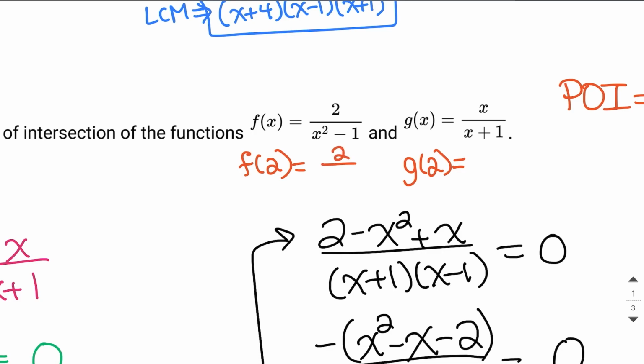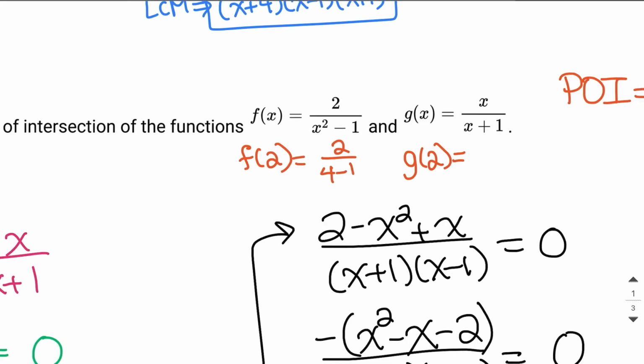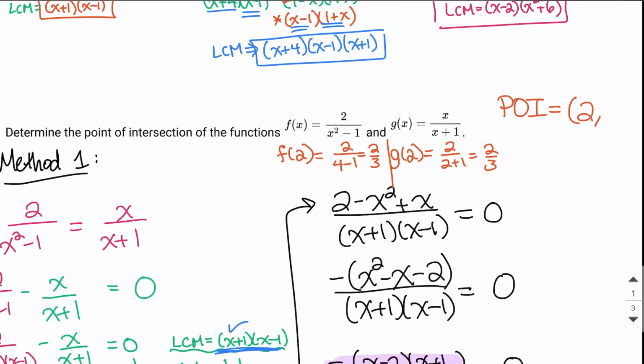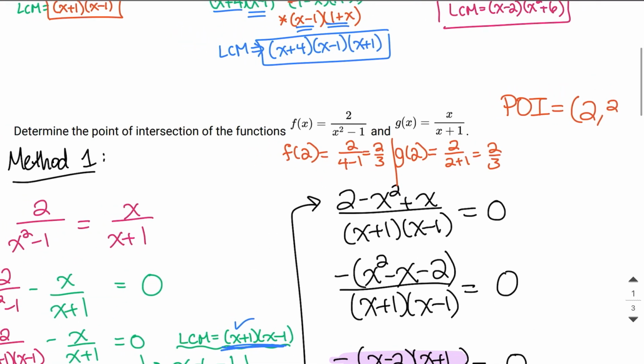So when I do f of 2, it's going to be 2 over, I'm just going to do this quickly, 2 squared is 4. 4 minus 1 is 3, so I get 2/3. But then when I do g of 2, it's 2 over 2 plus 1, so I get 2 over 3, which is also 2/3. So that means that my point of intersection would be (2, 2/3). And that's how you solve a rational equation.